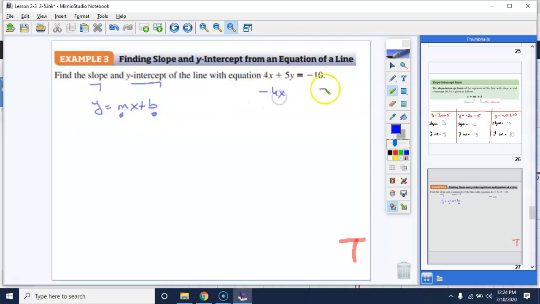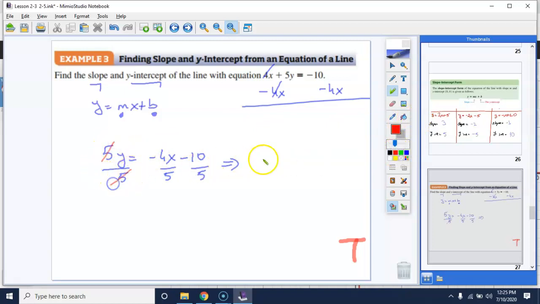I'm going to subtract 4x from both sides. These two cancel each other. 5y equals negative 4x minus 10. And lastly, I divide by 5. What do we get then?